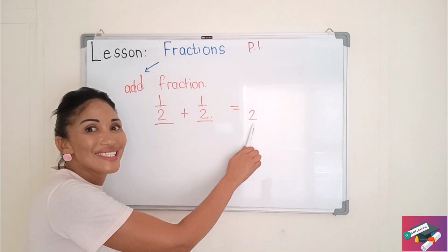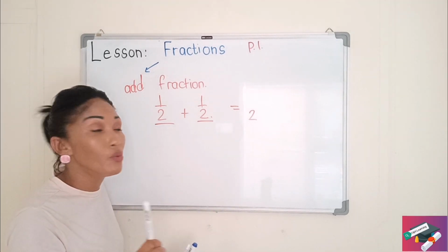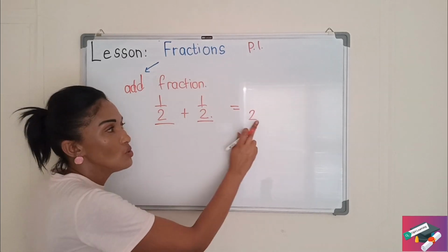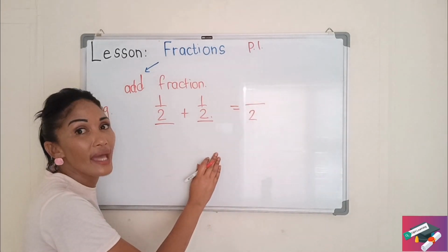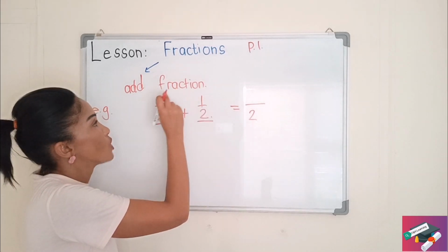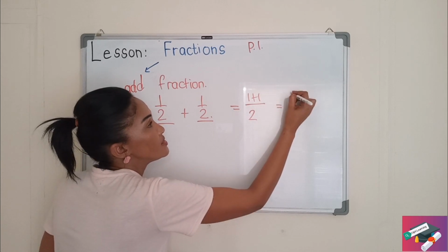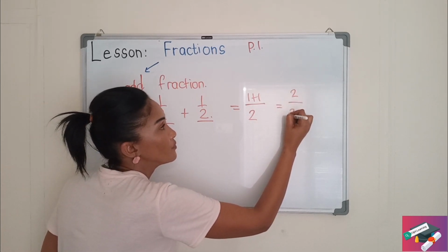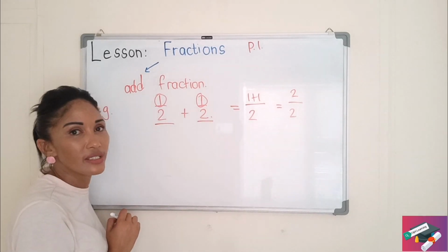You write the same denominator down. You only add your numerator. So the 2 stays 2, my denominator. We only add the numerators. So 1 plus 1 is equal to 2. You can actually circle them because you're only going to add the numerators.